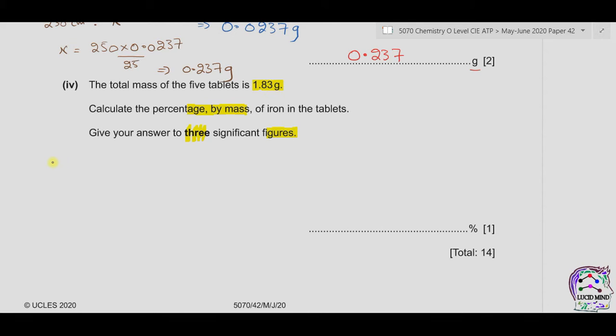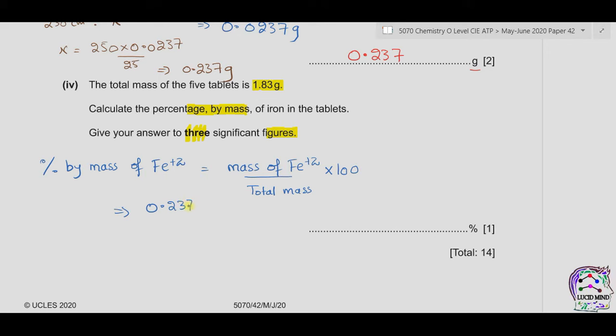So we can find percentage by mass, which is equal to mass of iron plus 2 in 5 tablets divided by total mass of 5 tablets times 100.